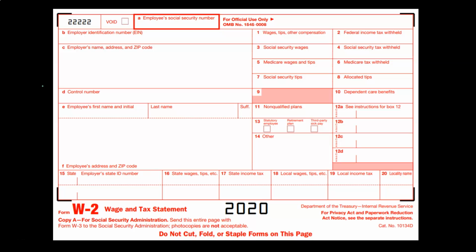Also note that we have a W-2 with the client, or ourselves if we're the employee doing our taxes. And then, of course, the employer sent a W-2 to the government as well. So remember, when you're thinking about these types of forms, why would the business do this? Why would they go through the trouble of doing it?